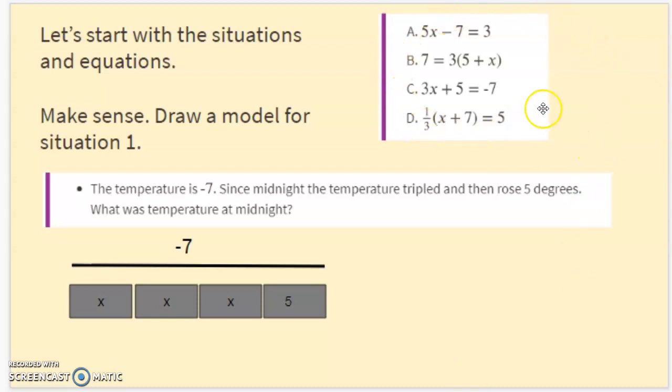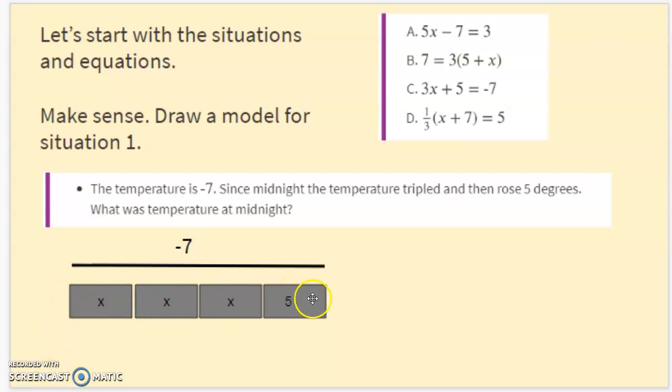Which of these equations match this situation and our model? From our model, we can see that one side of the equation is going to equal -7. When I look at these different equations, it looks like C is the only one that has a -7 on one side of the equation.